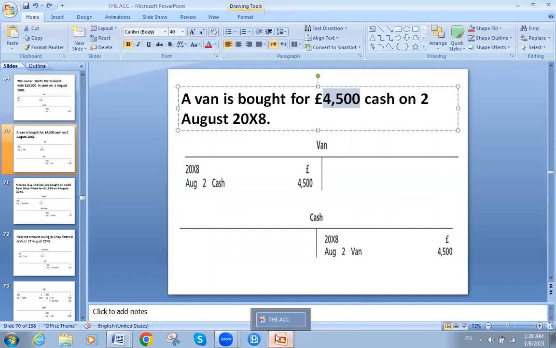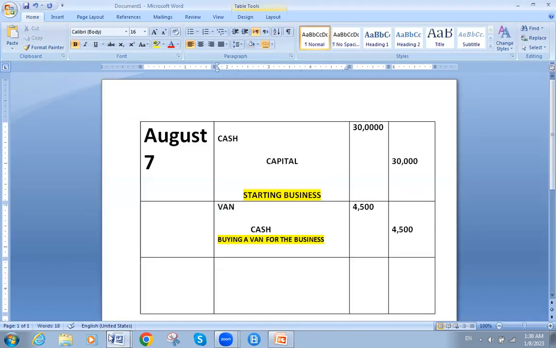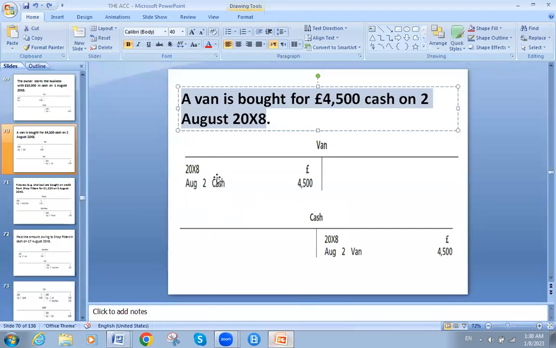So I will give you now another example, and you will solve it, please, with me. I will give you a chance of around 5 minutes to go for it. By the way, this transaction was on August 20.